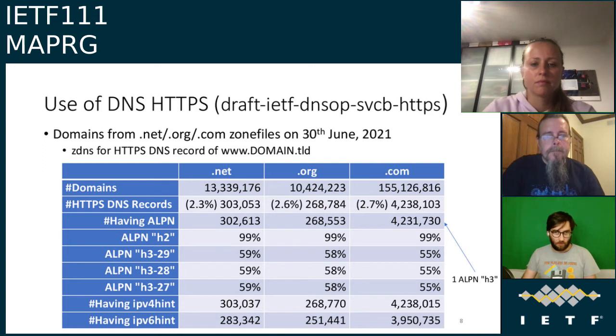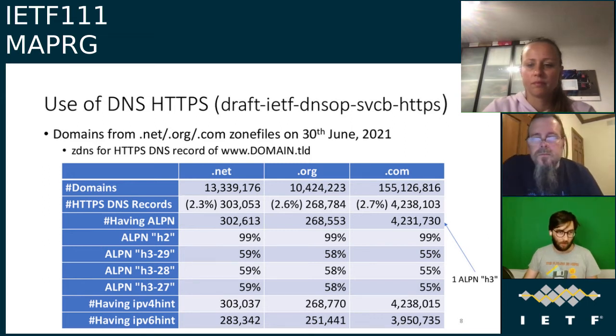From those, most also give us an ALPN, which is the protocol and version identifier. Most actually claim to support HTTP/2, and roughly, depending on the zone file, 55 to 60% show some version of HTTP/3, which has QUIC underlying. Again, we found one ALPN that claims h3 in the .com zone.